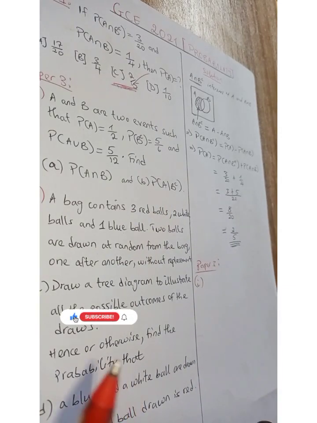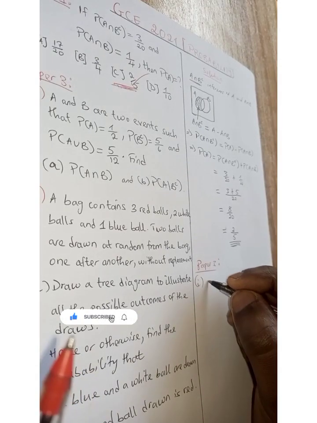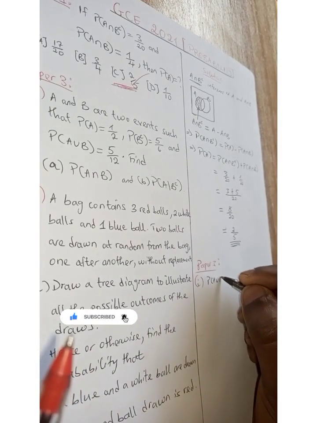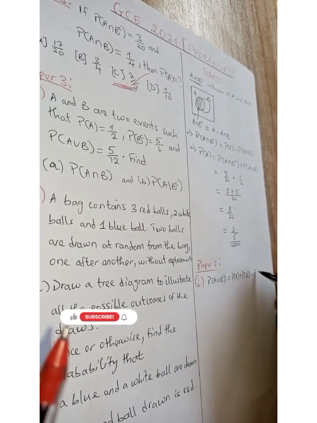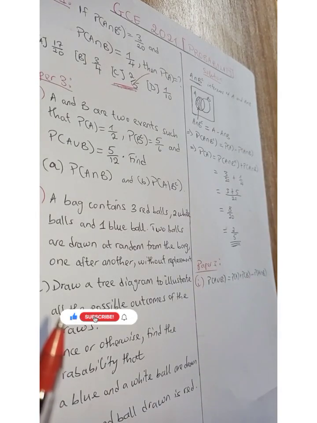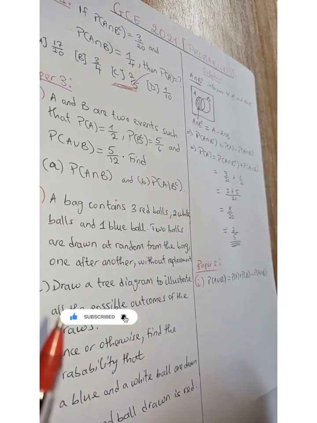To solve this problem, we are going to apply the addition law of probability, which states that the probability of A union B is actually the probability of A plus the probability of B minus the probability of their intersection. So, since the question wants us to find the probability of the intersection, we simply make it the subject.